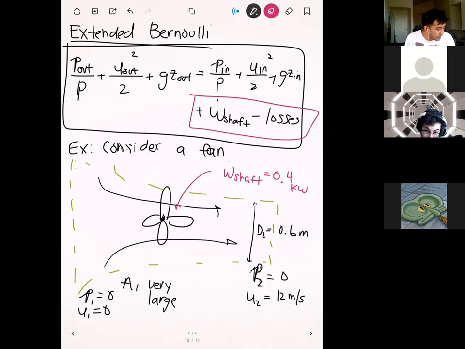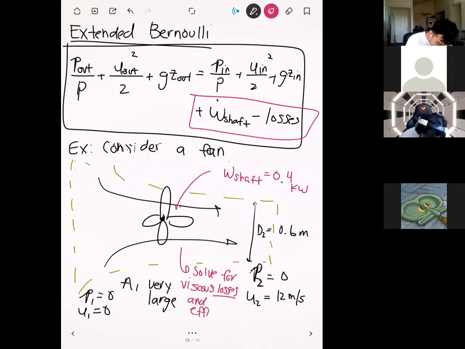And so given the situation, we're going to use extended Bernoulli to solve for the losses in this fan. And then we're also going to solve for the efficiency.